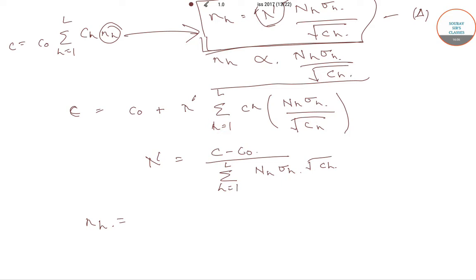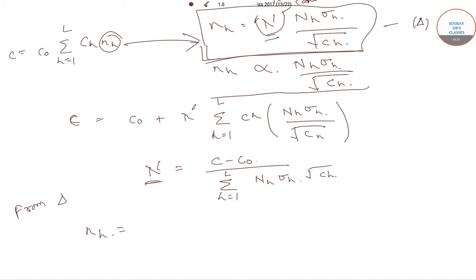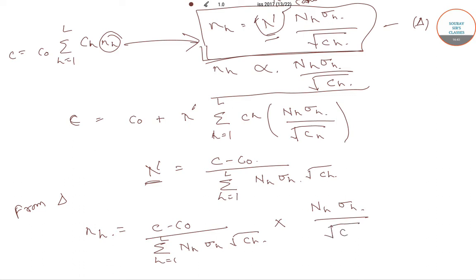Therefore we would get our nh from equation delta, substituting the value of lambda dash here. We would get nh equal to C minus C naught divided by summation h goes from 1 to capital L of Nh into sigma h into root over ch, into Nh sigma h divided by root over ch.